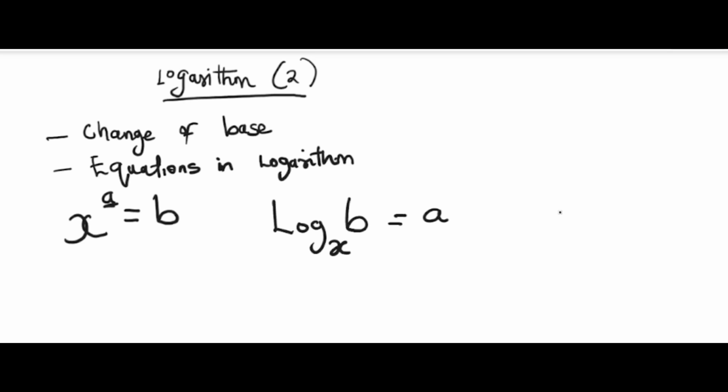Now, in change of base, before I proceed, you must have been conversant with the use of log tables or the calculator to solve problems in logarithm, right? So if I ask you to find the log of 47.1, you either press it on your calculator or you use your four-figure table to check 47 under 1.